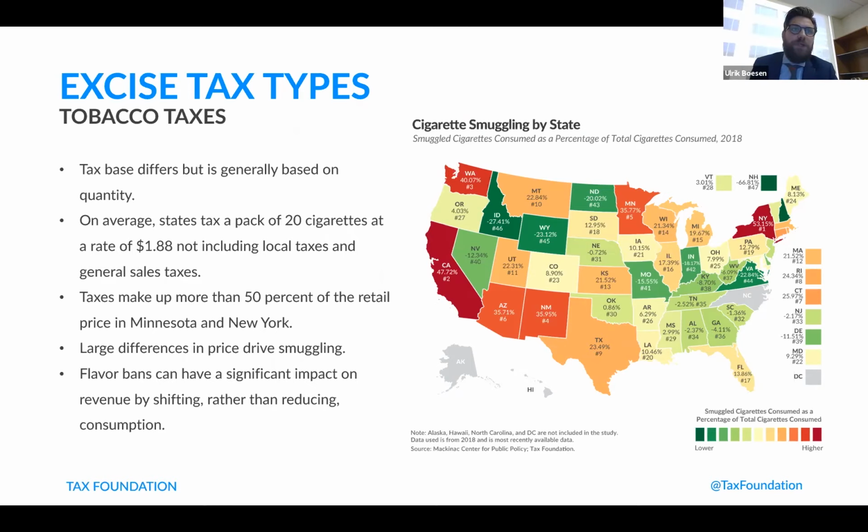And in Massachusetts, the result ended up being that they lost over 20% of their sales. They didn't impact the negative externalities or costs because consumption is going on still. It's basically just sending tax revenue across their state borders to their neighbors without any public health benefit.